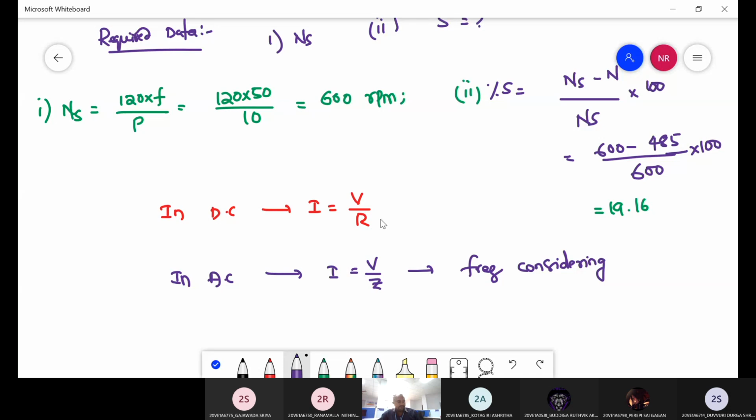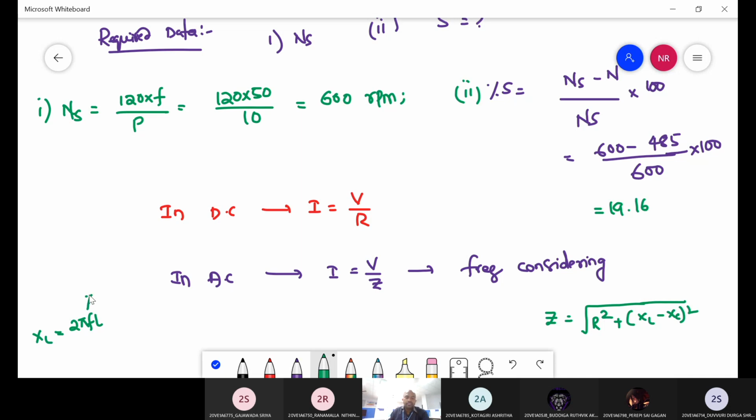We can relate R and Z. Z is equal to under root of R square plus (XL minus XC) whole square. What is XL? 2 pi FL.